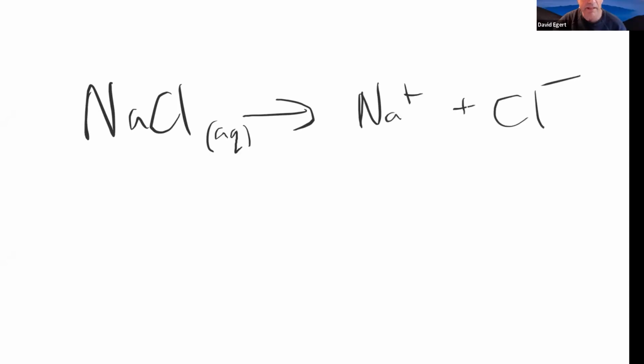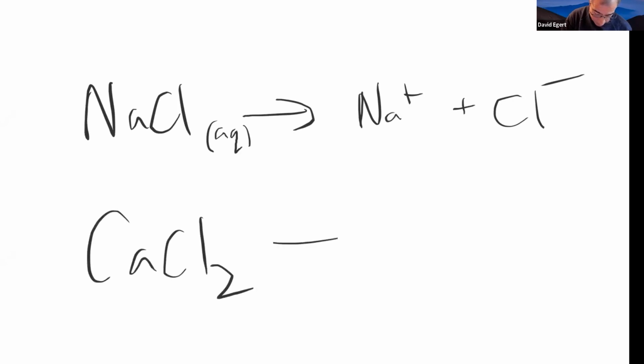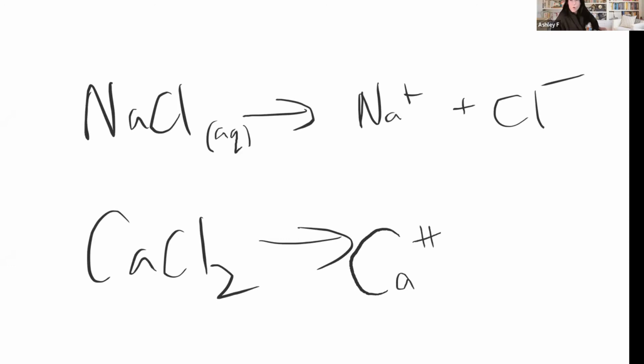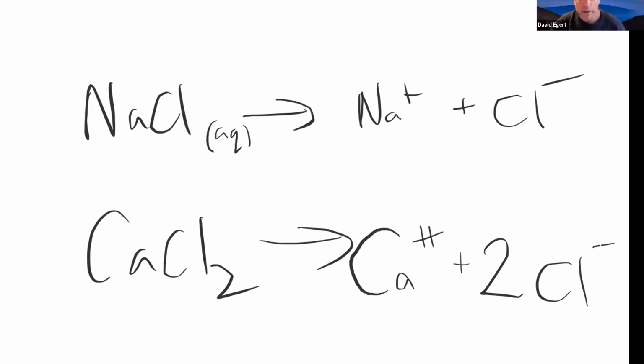Sodium Na+ and Cl-. If I take calcium chloride, what's it going to turn into when I put it into water? Ca2+ and Cl-. More precisely, 2 Cl-. So it'll have 2.